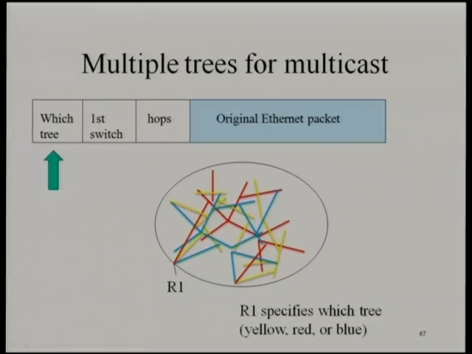It does for unicast, but not in multi-destination. So for multicast, the campus calculates some number of trees, let's say red, yellow, and blue, and when R1 injects it, R1 specifies in this field which tree it should be transmitted on.